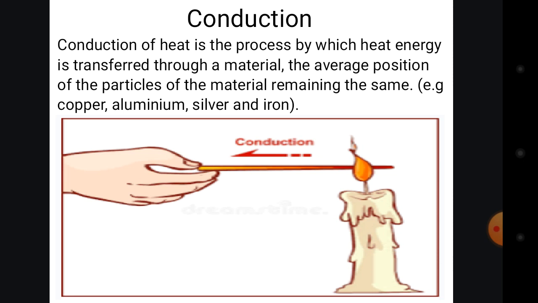You are putting that aluminum or silver or copper on it. If you remember the definition of conduction, it will remain the same. If you put it on fire, it will remain the same in size, and due to that, the heat can be transferred through it. The heat will start transferring until it reaches the end of the silver or the iron.